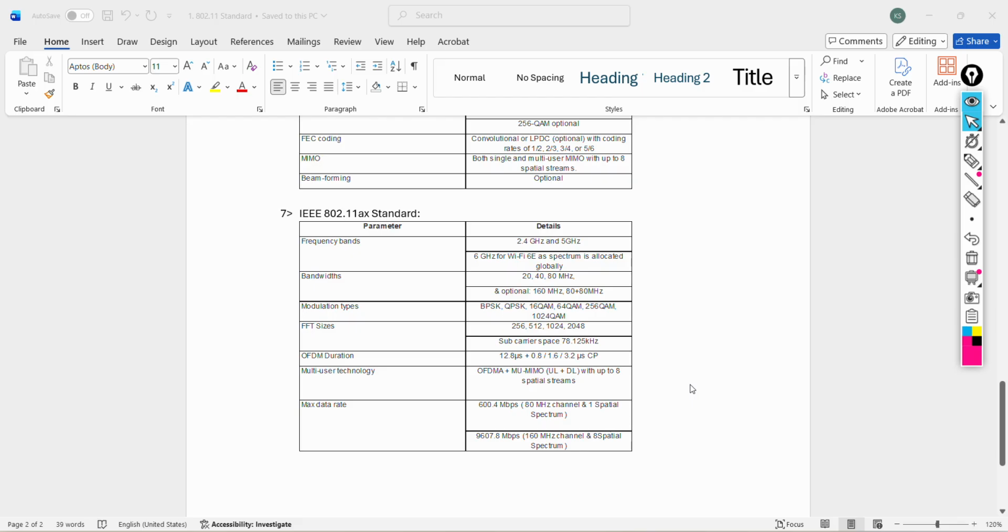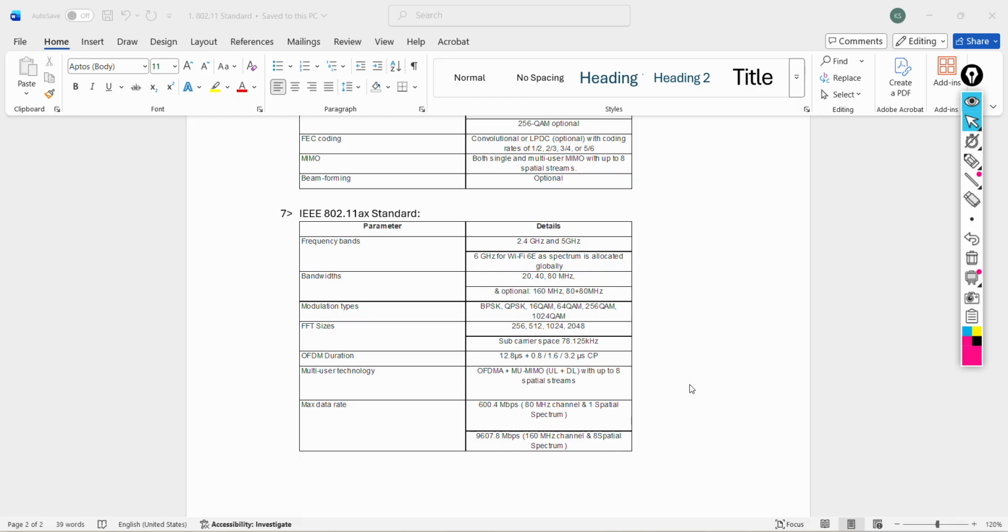Then Wi-Fi 6 comes into the picture, whose IEEE version is 802.11ax. It supports the 2.4, 5, and 6 gigahertz bands. When the 6 gigahertz band is supported, 802.11ax is called Wi-Fi 6E.